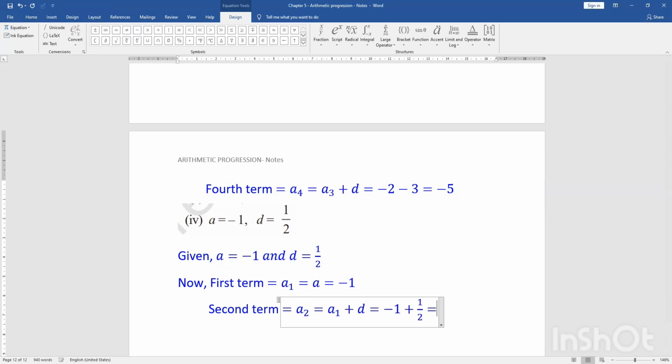So minus 1 plus half will be minus 1 by 2. Right, children? Or if you want to see how to take the LCM, you know, right? So do the cross multiplication. So we can write it like this: 1 into minus 2 is minus 2, plus 1, divided by 2, which is nothing but minus 1 by 2. Okay.